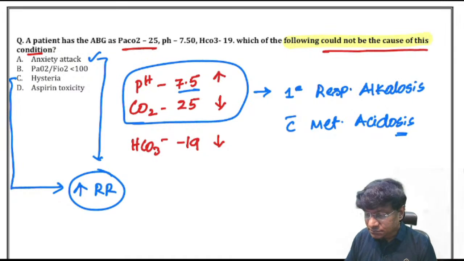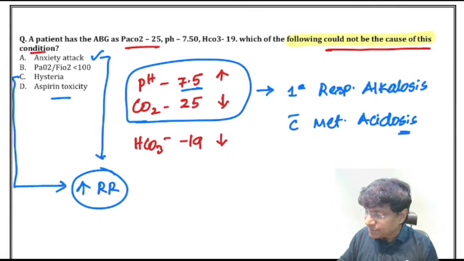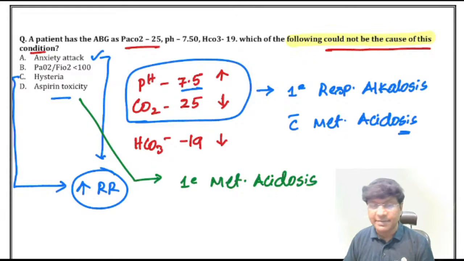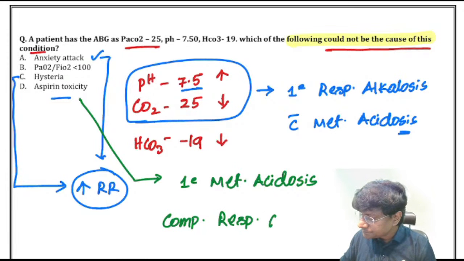Then you take hysteria. Hysteria is again a form of malingering, and the respiratory rate is increased, causing carbon dioxide washout and respiratory alkalosis. Now you take aspirin toxicity. The primary acid base abnormality will be metabolic acidosis. The compensatory response will be respiratory alkalosis.